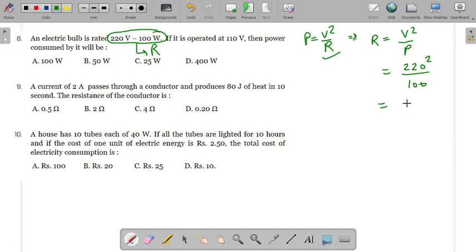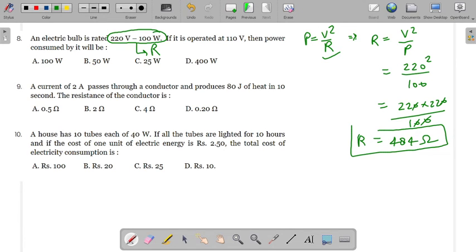So here we have the value 220 into 220 upon 100. That is the square of 22, that is 484 ohm. So 484 ohm is the resistance of the bulb, and this bulb is operated at 110 volt.